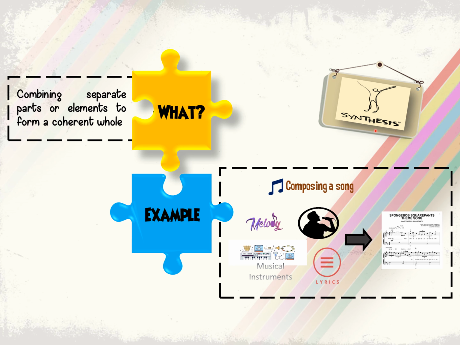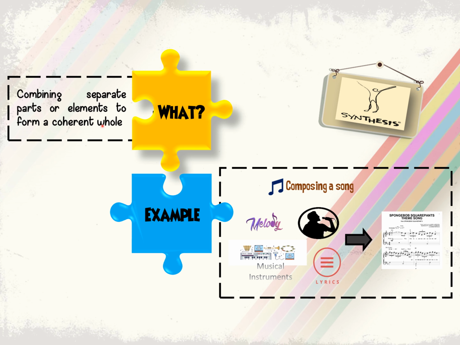The second mental process is synthesis. Synthesis is combining separate parts or elements to form a coherent whole. You have different elements or different components, and you combine them together, which in turn will give you something else. I believe that everyone listens to a lot of songs. In order for you to compose a song, what do you need?